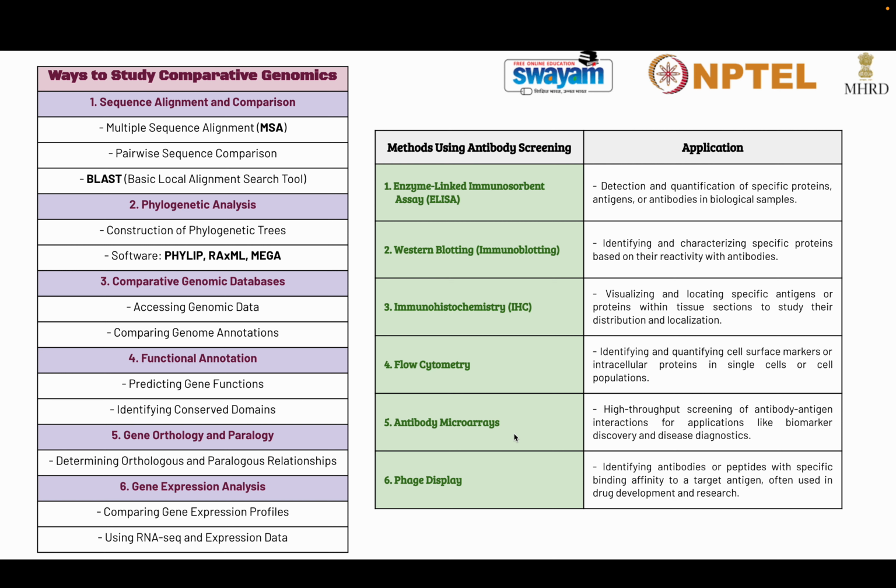Then antibody microarrays, the high throughput screening of antibody antigen interactions for applications like biomarker discovery or disease diagnostics. Then phage display, that means identifying antibodies or peptides with specific binding affinity to a target antigen, often used in drug development and research. So for all these fields you use antibody screening.